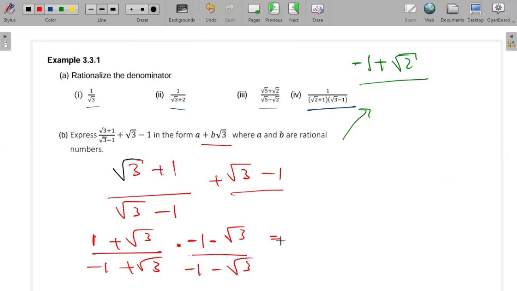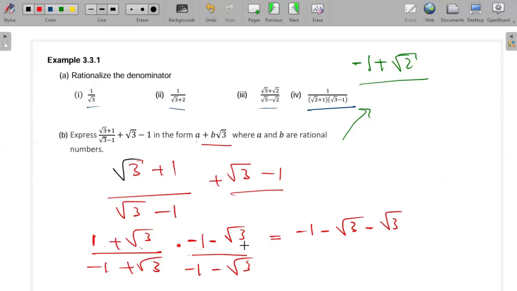So what am I going to have? When I multiply this first part, 1 multiplied by the negative 1 gives you negative 1. Then 1 multiplied by the negative root 3 will be negative root 3. Then this root 3 by the negative 1 gives you negative root 3.